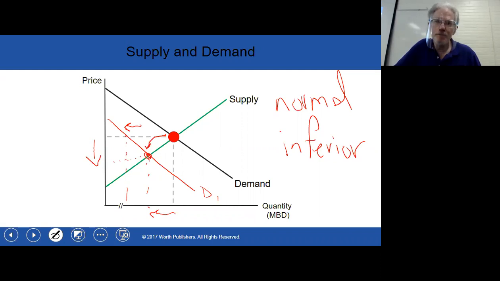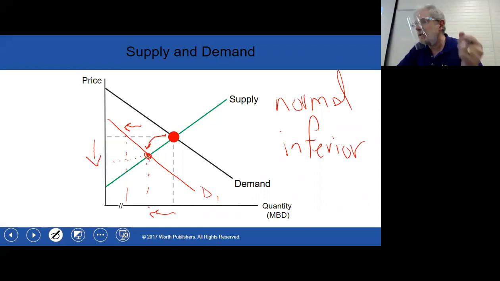No. Normal would be what you would typically buy, and inferior is what you buy because of those circumstances. Not necessarily. For normal and inferior, those are two terms. You want to be sure you know the exact meaning of them.